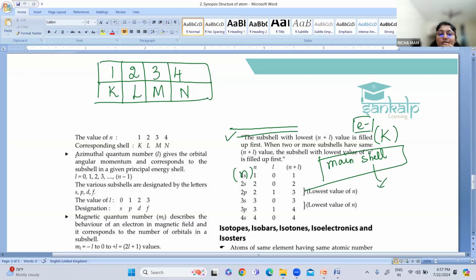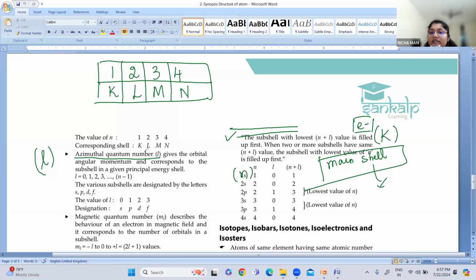Next is the azimuthal quantum number. How is it represented? It is represented by small l. What does it tell you? The azimuthal quantum number tells you the shape of the orbital.